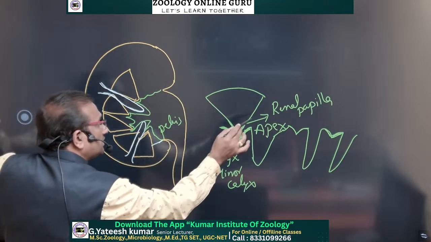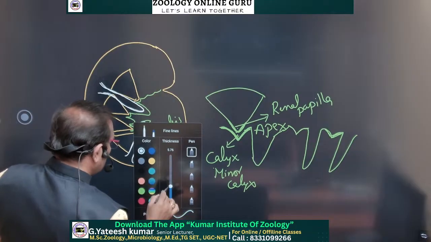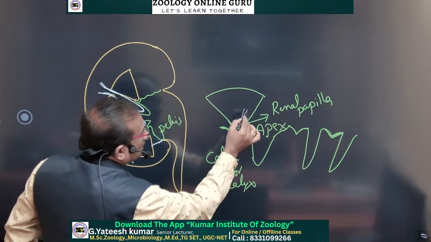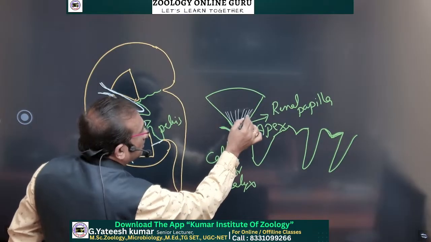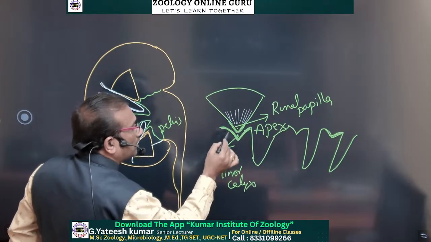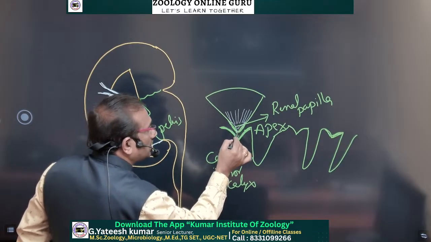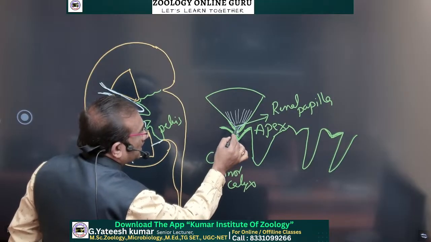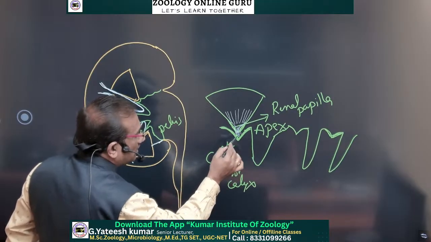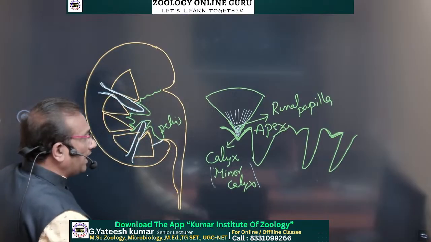This calyx and renal papilla receive the collecting ducts. All the collecting ducts of the nephron open into the renal papilla, and collectively form a single collecting duct, and this opens in the area known as the minor calyx.